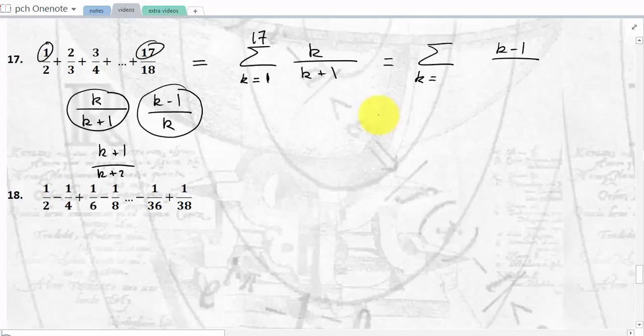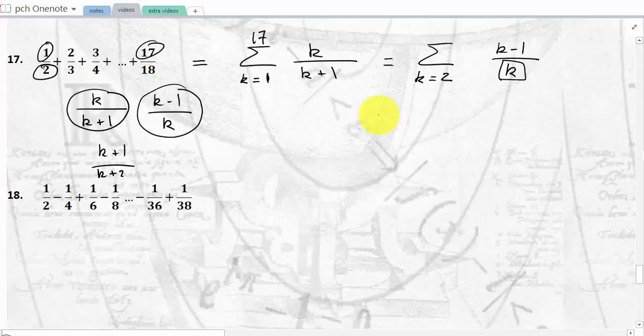Here we go. Actually, let's write this sum another way now using this general term. It is the sum from k, and I'm not sure what it's going to be equal to, of k minus 1 over k. So I'm going to be looking at this one now, and this one tells you k equals 2.